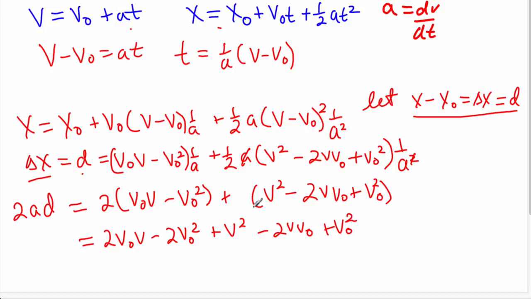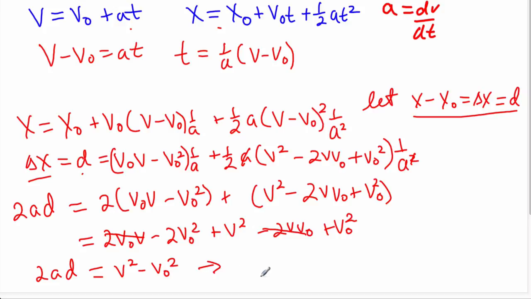Now these expressions look right to me. So 2 v naught v and negative 2 v naught v cancel each other out. And so this is 2ad, and now we've got negative 2 v naught squared and a v naught squared over there, so that's v squared minus v naught squared.